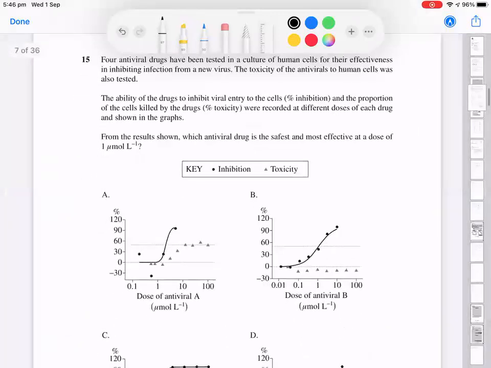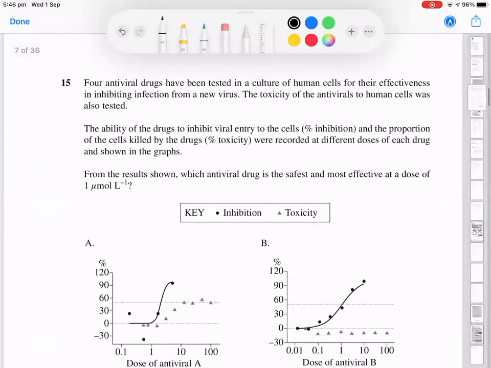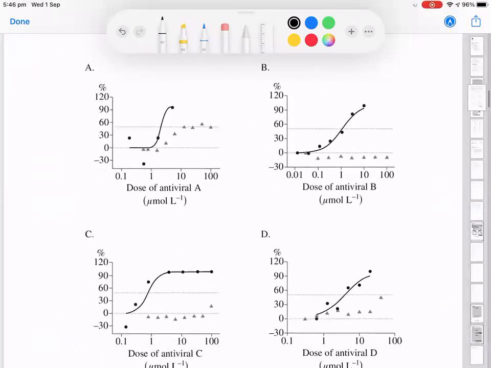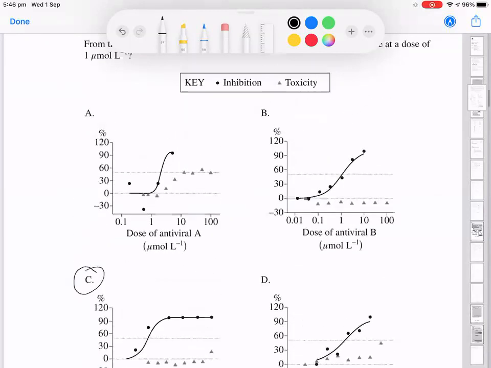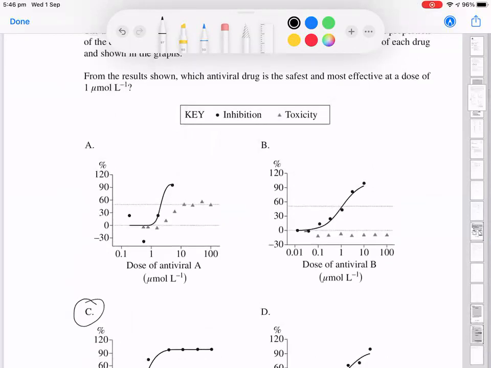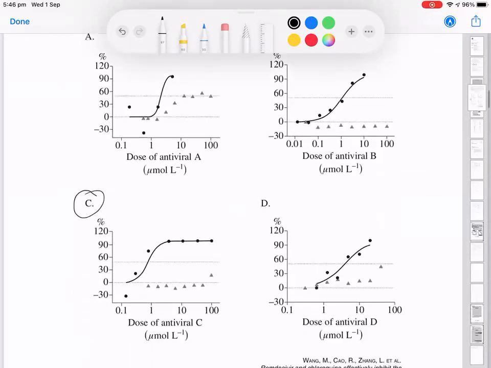For question 15, bit of a bigger question, but basically we're looking at the effect of a new antiviral drug. So if we have a look down here, the correct answer is going to be option C. Essentially the triangles tell us the toxicity and the black tells us the inhibition.